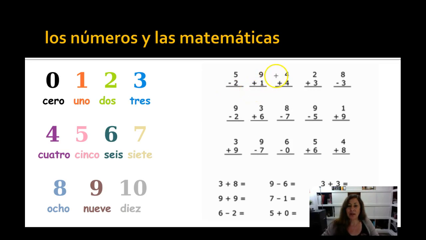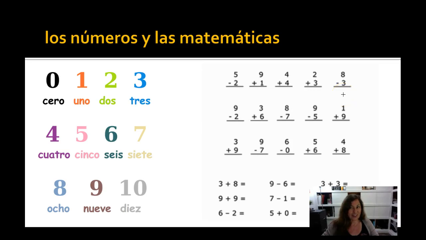So let's try this one together. Cuatro más cuatro es ocho. Dos más tres es cinco. Do you remember how to say this one? Like minus, menos. Ocho menos tres es cinco.